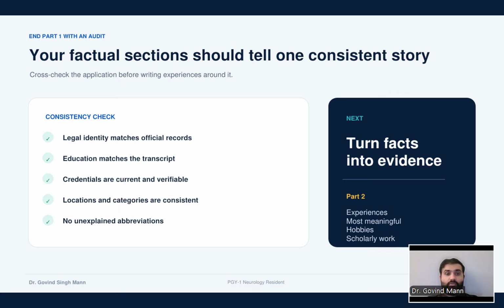The education should match what is mentioned in the transcript, especially the start and end date of your med school. The credentials are current and verifiable, so have a soft copy with you. And the location and categories are consistent. That is also very important. And no unexplained abbreviations. Try to expand everything that you write.